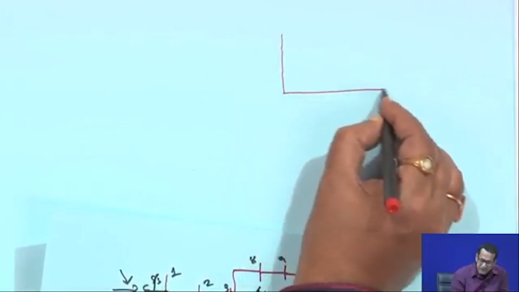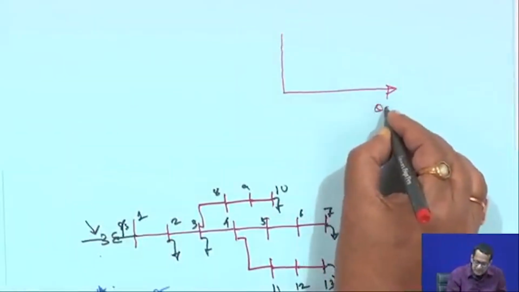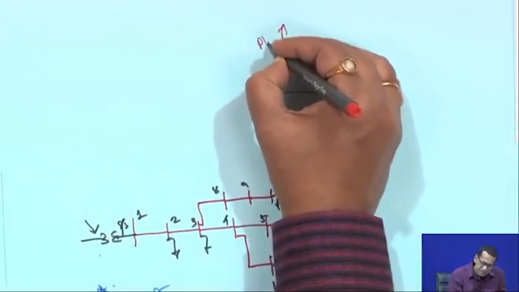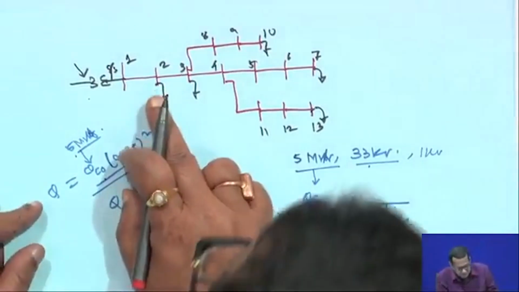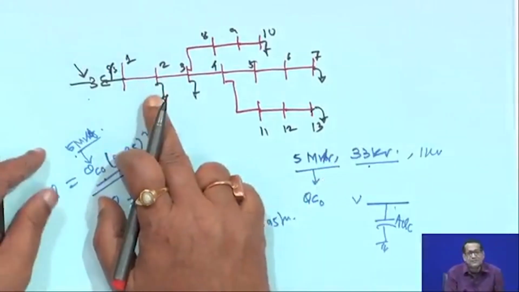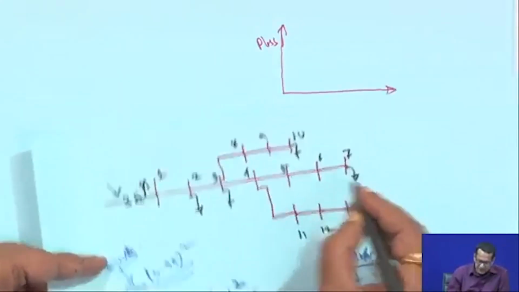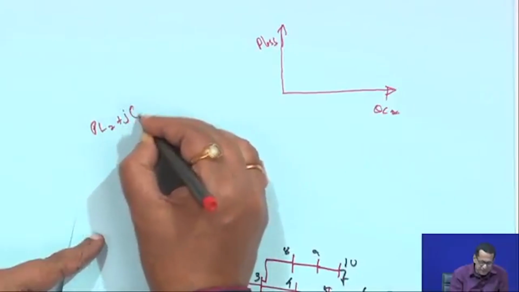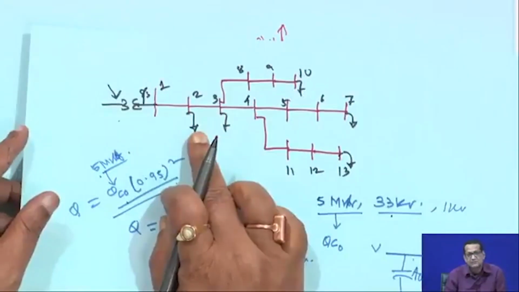This side is QC2, and this side is the total power loss, the P loss of the network. Then your load PL2 plus jQL2 will become PL2 plus jQL2 minus jQC2, because I am connecting capacitor QC2.